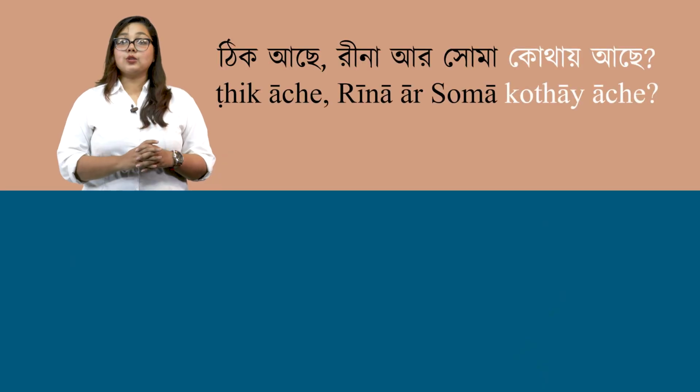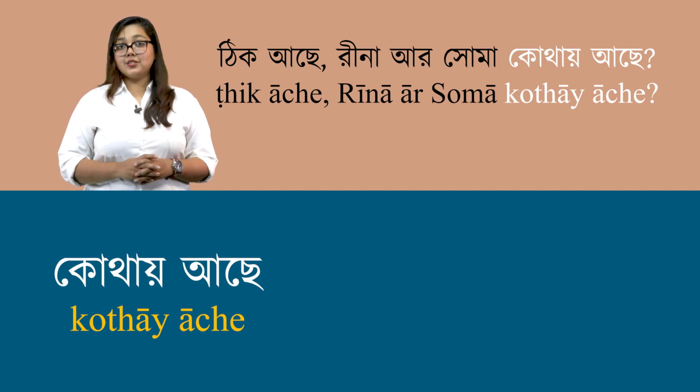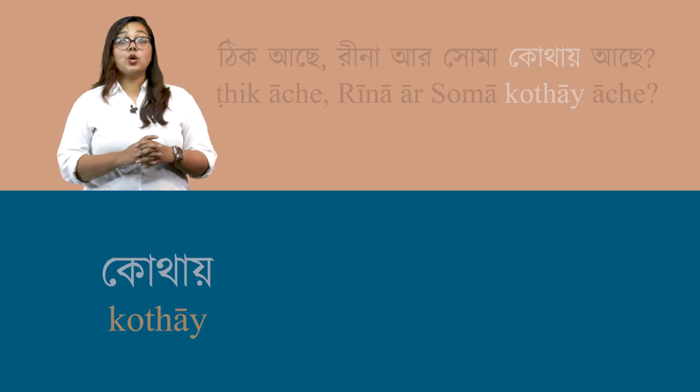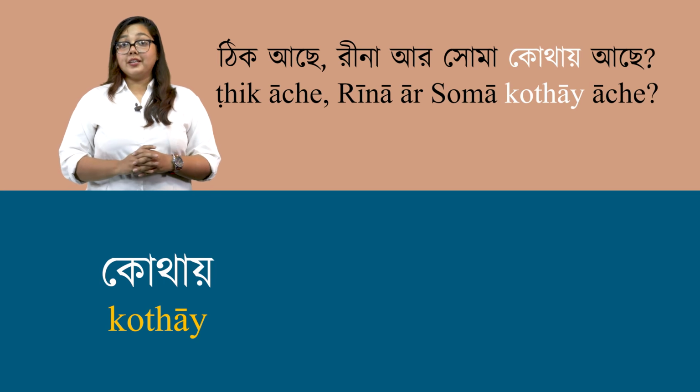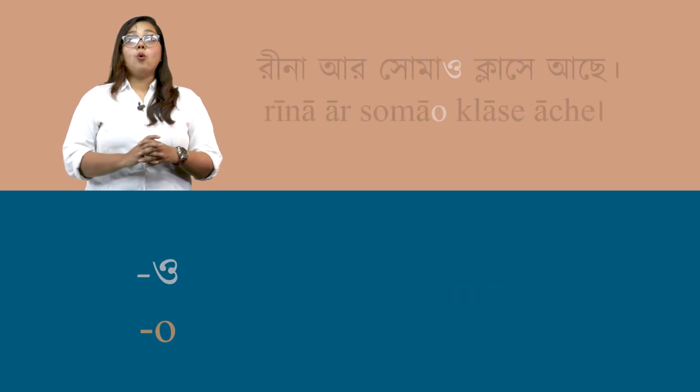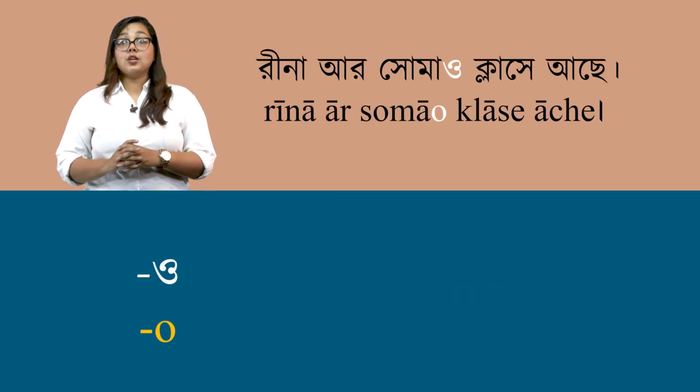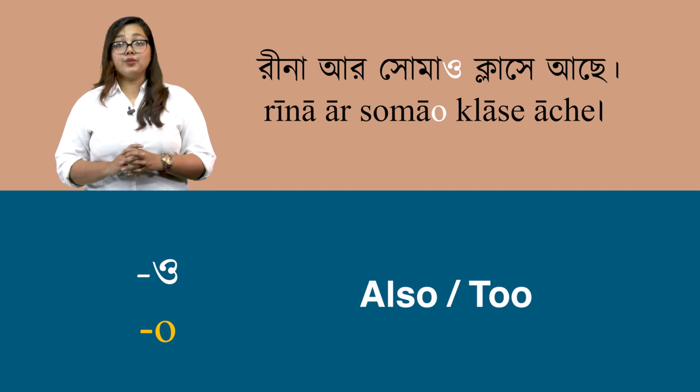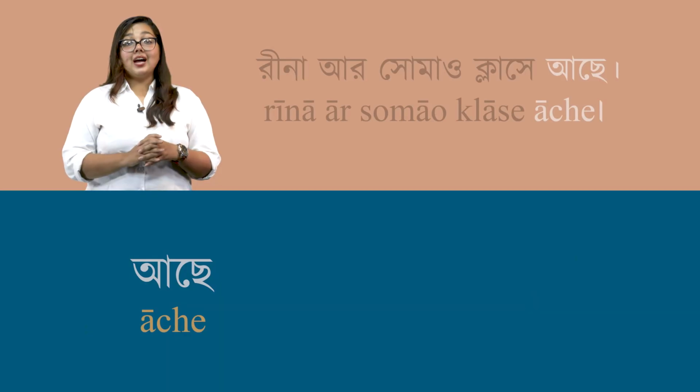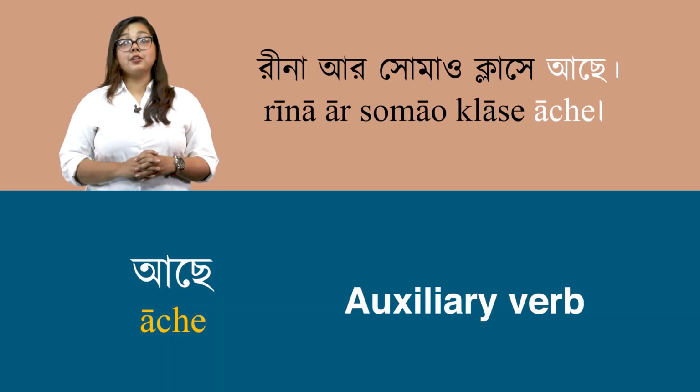Notice that even though he is asking about multiple individuals, he uses kothay ache. Just as we saw in the previous conversation, kothay, as we know by now, means where. O after Shoma means also or to in English. This is the discourse particle. Ache is the auxiliary verb.